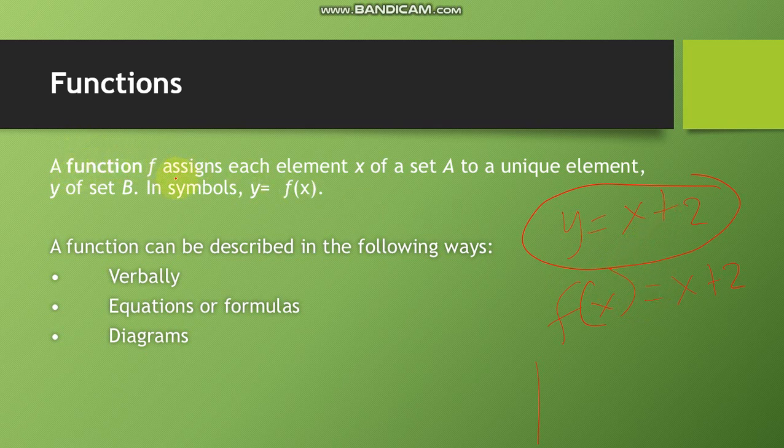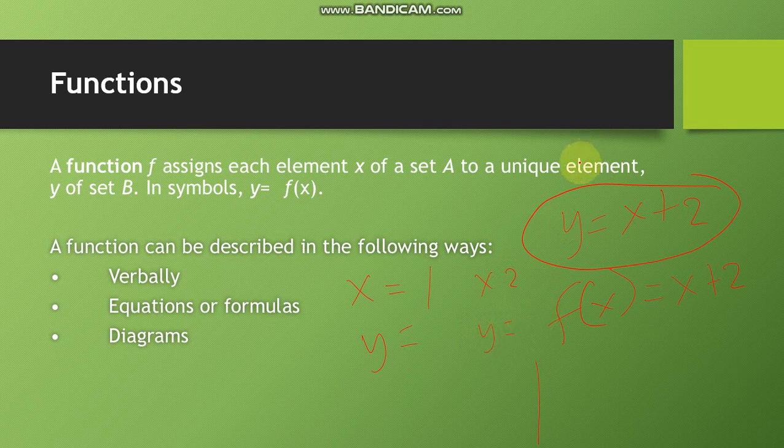A function f assigns each element x of a set A to a unique element. So, if your x is equal to 1, what will be the value of your y? If your x is equal to 2, what will be the value of your y?